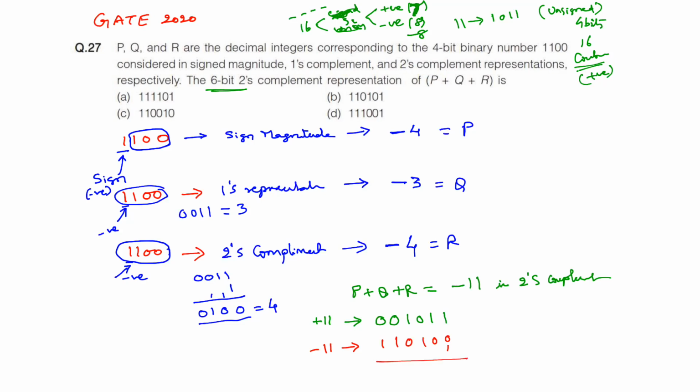So add 1 at the LSB. So the right answer is 110101. So this is the right representation of P plus Q plus R in 2's complement form with 6-bit notation. 110101. So the right option is B. Thank you.